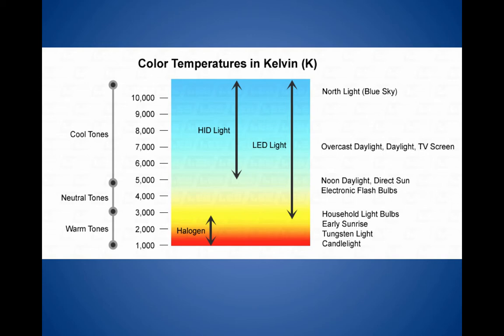So if you look at candlelight, tungsten light, early sunrise, household electronic, noon, the light temperature goes up because the waves become more frequent, shorter waves, and temperature Kelvin goes up. So your light temperature towards the sun end becomes high, and towards the low emission of longer light waves, red.